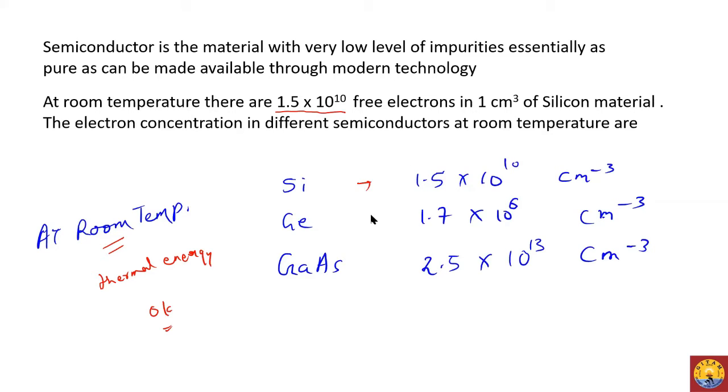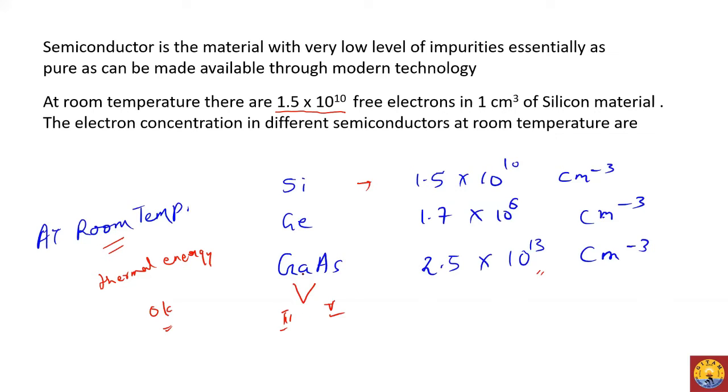Similarly, we have germanium and gallium arsenide. These values are 1.7 x 10^6 for germanium, and gallium arsenide has the highest number of free electrons, 2.5 x 10^13. Here, gallium arsenide, silicon is the fourth column element, gallium is third, and arsenic is fifth.